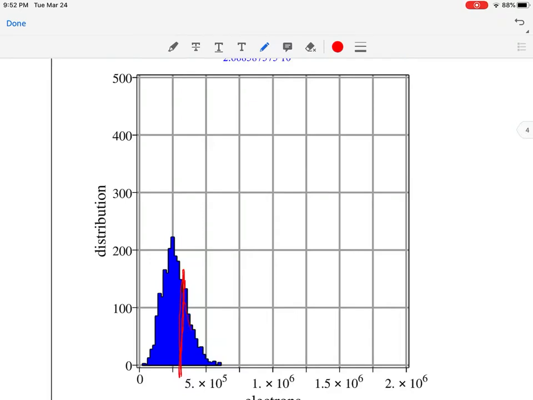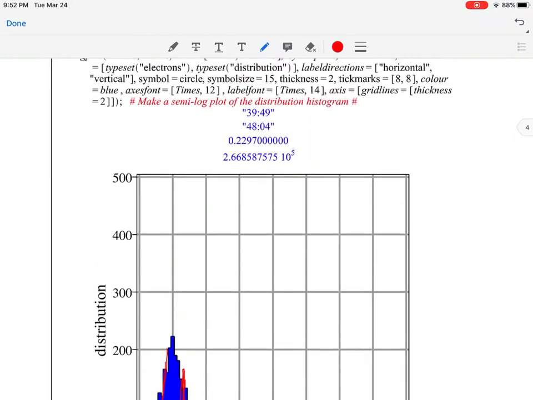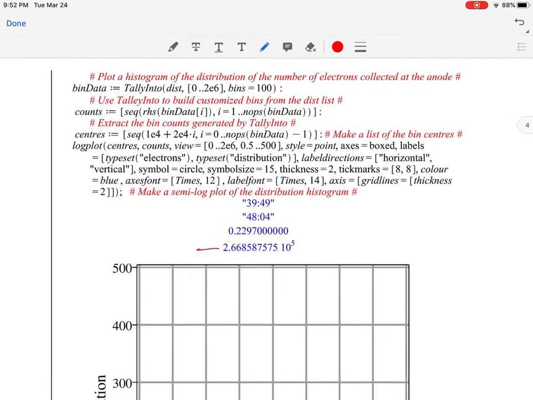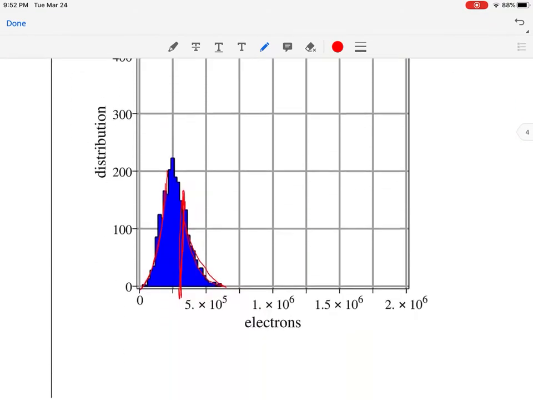It's just that the tail here for high numbers of anode electrons is longer than the tail for the low numbers. And in fact, when we take all the anode electron numbers that we got for our 10,000 trials and find the average, we get the 266 times 10 to the 3 that we calculated.